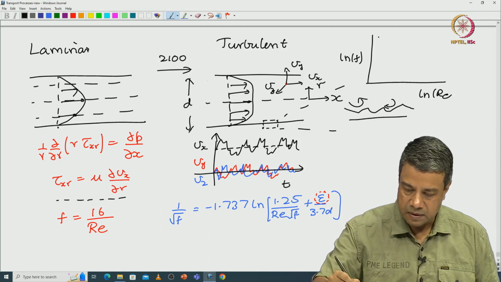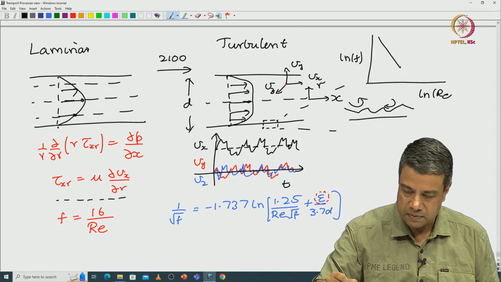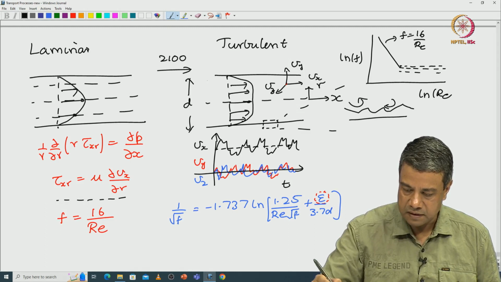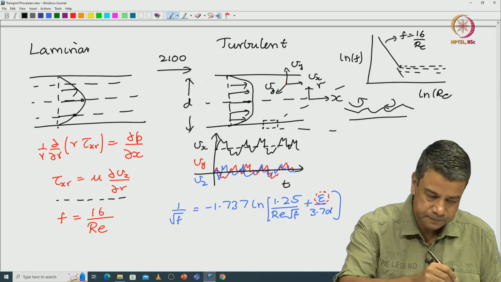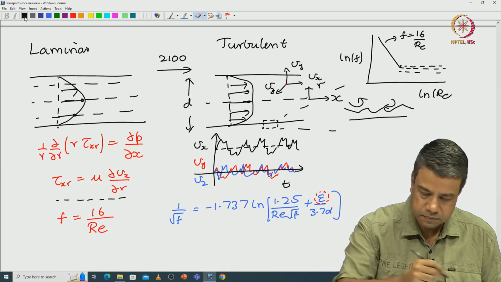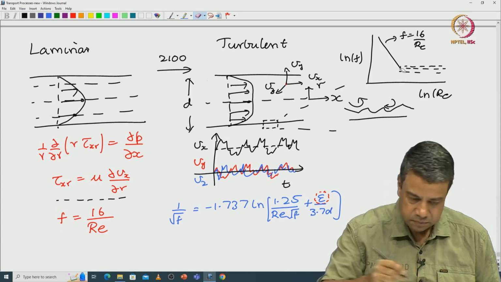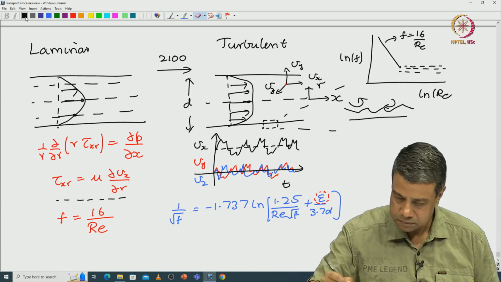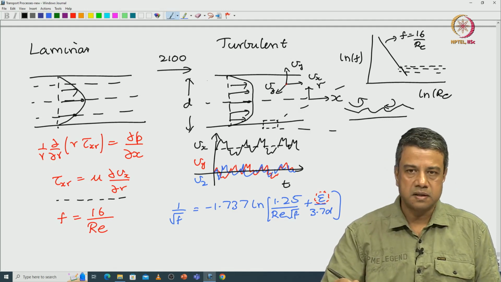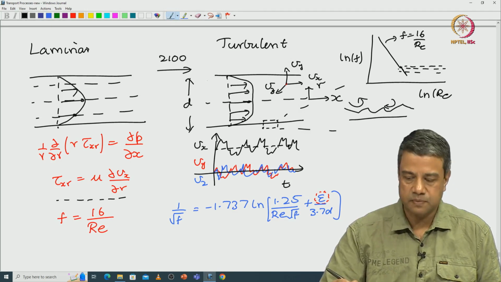You have a straight line, which corresponds to f is equal to 16 by Re, and at some point you have a transition to a different friction factor curve, which depends upon the value of epsilon.